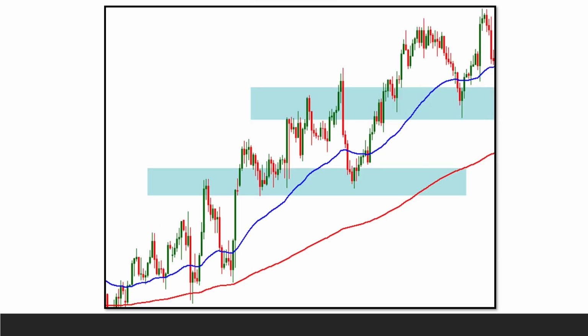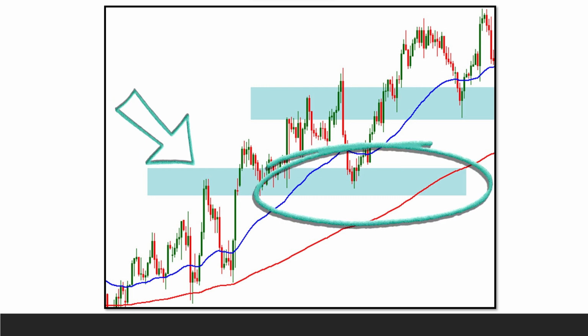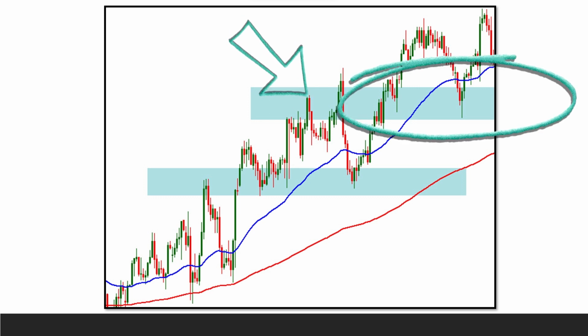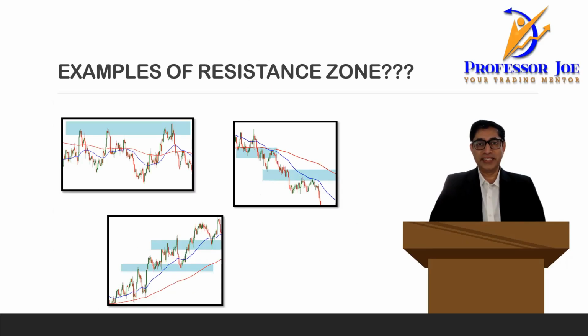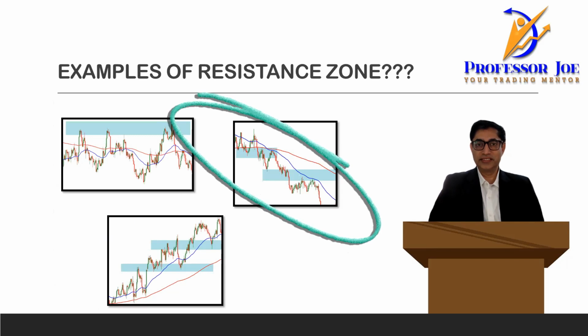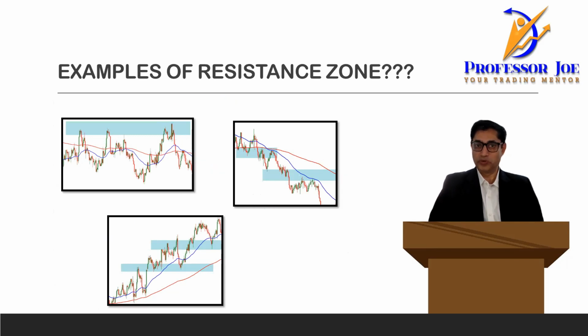And in an uptrend, resistances are broken and get converted into new support zones. Then the market keeps going up, creating new resistance and new support zones. Like you can see, together, all the three types of resistance zones: the sideways resistance zones, the uptrend resistance zones, and the downtrend resistance zones.